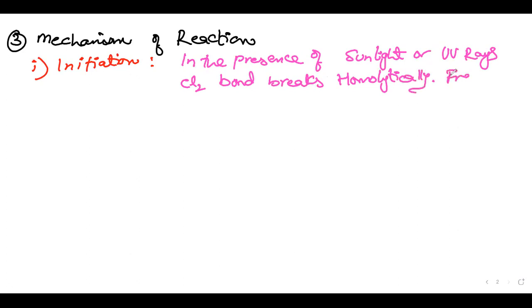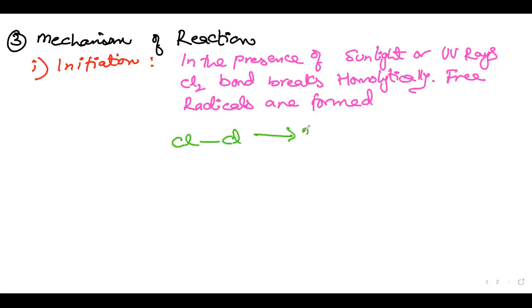Free radicals are formed. Radicals are formed, meaning Cl-Cl gives us 2Cl free radical. This gives it to this, and this gives to this. Okay. And the second step is propagation.